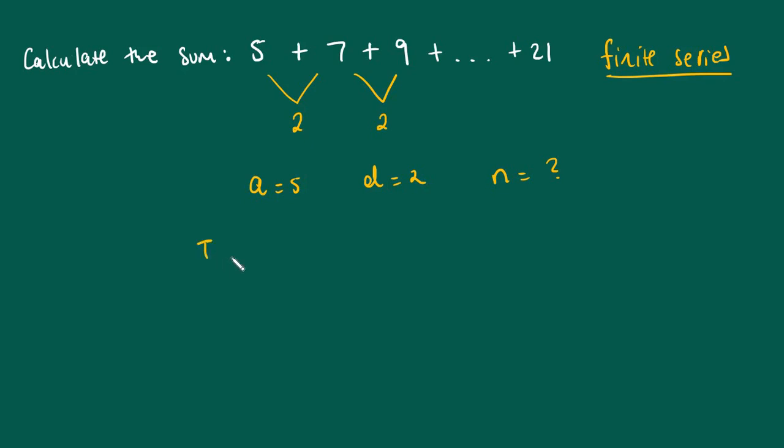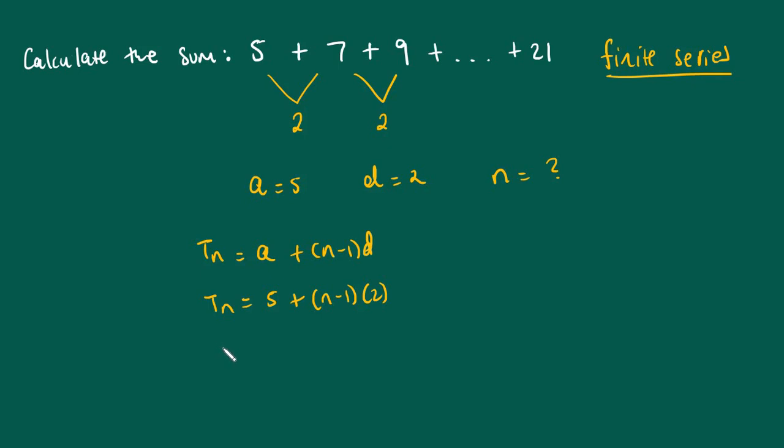So to get n, indeed, you do use this one. So let me write like you're saying, a plus n minus 1 d, and then what do we substitute? A is 5, plus bracket n minus 1, and d is 2, so n minus 1 times 2.